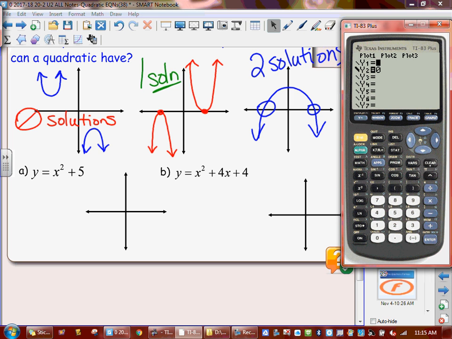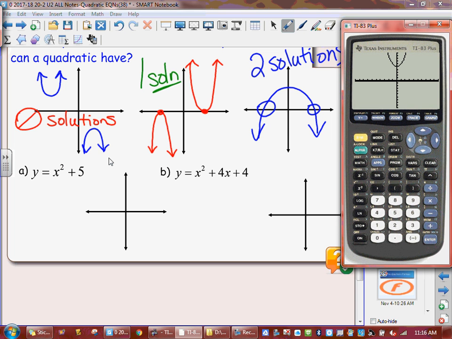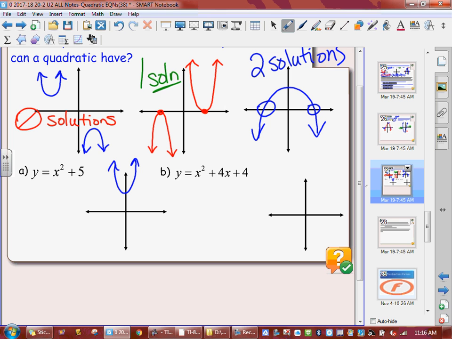Now we hit graph. Does that guy touch at all? No, this guy doesn't touch. So this guy has 0 solutions, because he doesn't touch the x-axis.